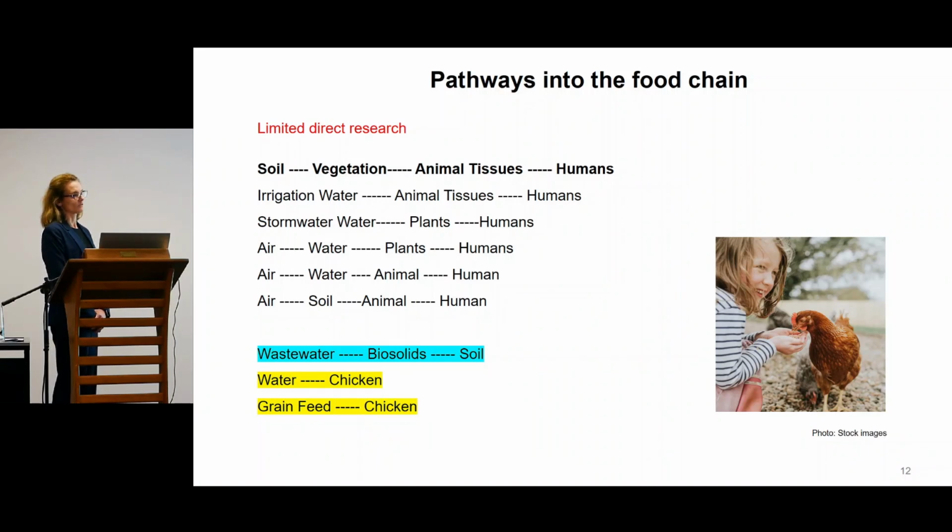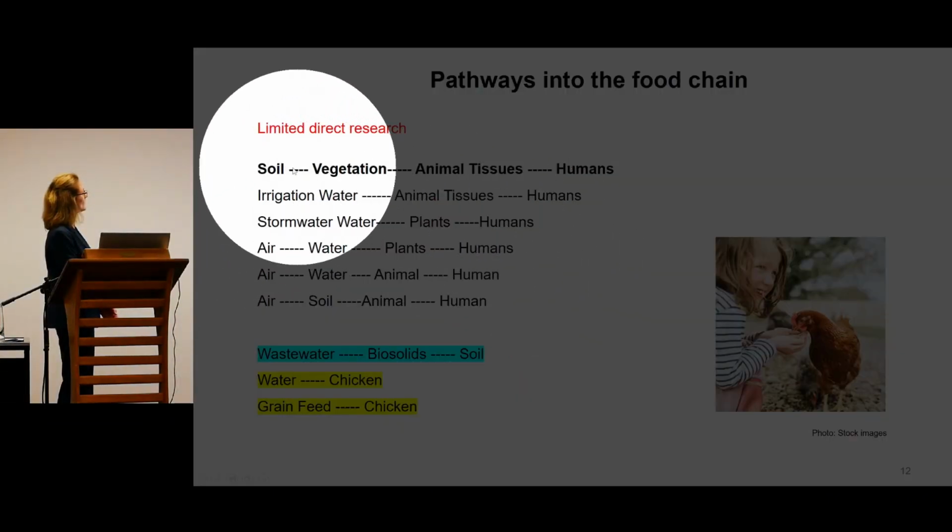So there are lots of ways. I spoke about the plastic cycle in terms of the movement between land and water. So there are lots of ways in which these particles could potentially enter the food chain. This is an example of the soil, the first line, for example.